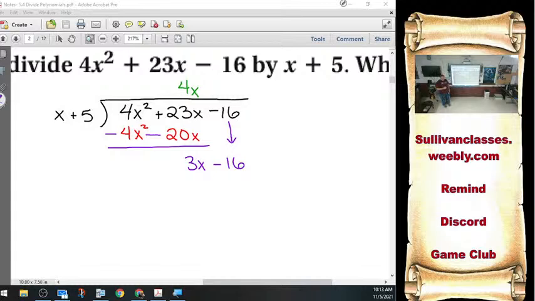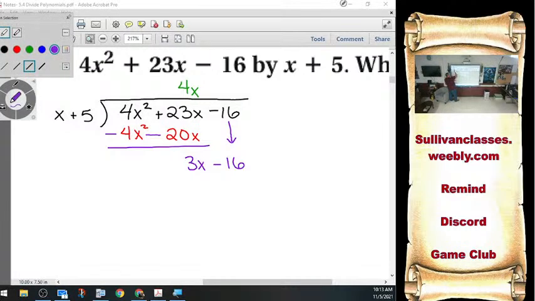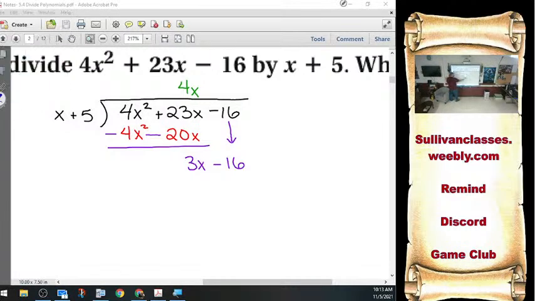And then repeat it. Take 3x divided by x. 3. I should put it above my constant because it's a constant. Now I will take 3 times this stuff, getting 3x and a positive 15.